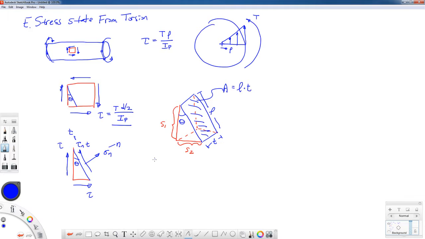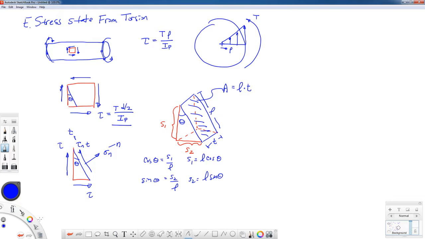The cosine of the angle theta is equal to the distance S1 divided by L, and the sine of the angle theta is S2 over L. So if I rearrange this, S1 is equal to L cosine theta, and S2 is equal to L sine theta.